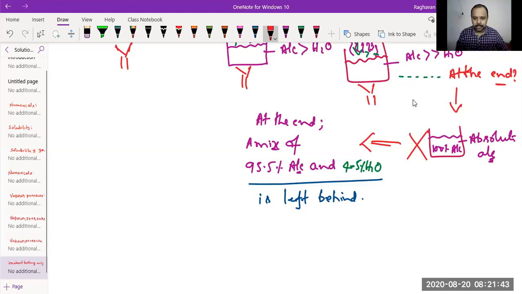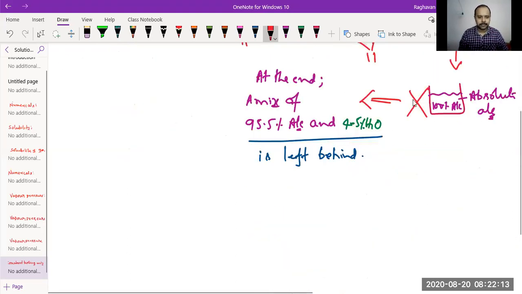So this mixture will boil at a constant composition once the composition of alcohol and water is set at 95.5% alcohol and 4.5% water. Is it okay? For a given composition, certain liquid mixtures boil at a constant composition. They are called azeotropic mixtures or constant boiling mixtures. Is it okay?